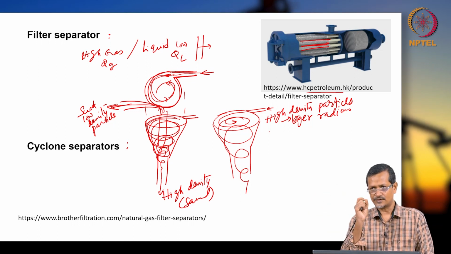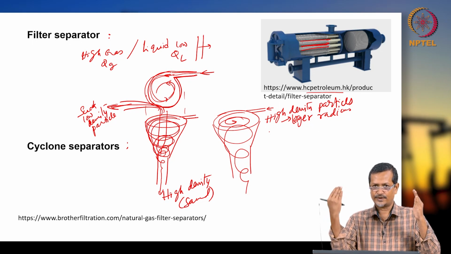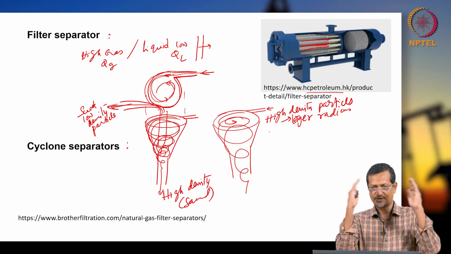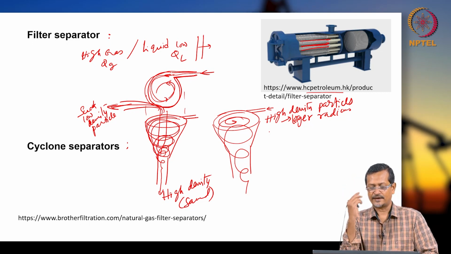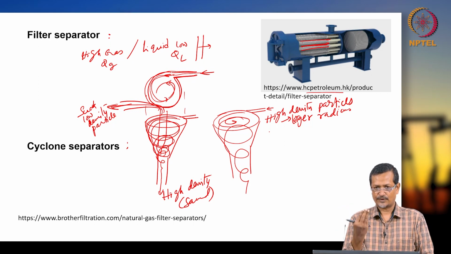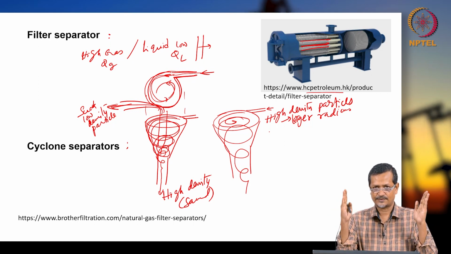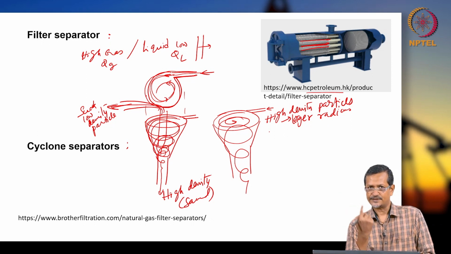Low density fluid will try to go too, but the high density fluid has already taken that space. So high density fluid will touch the device surface and will not give space to the low density fluid. Low density fluid will not touch the device surface, and it will be rotating at the center core.